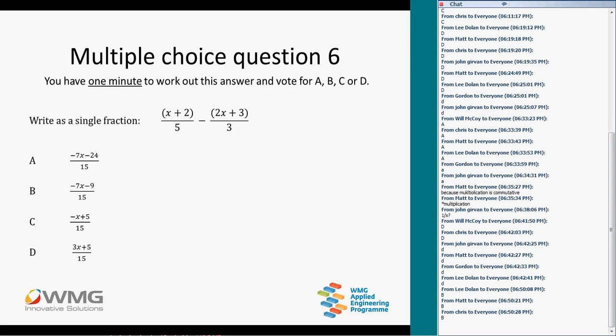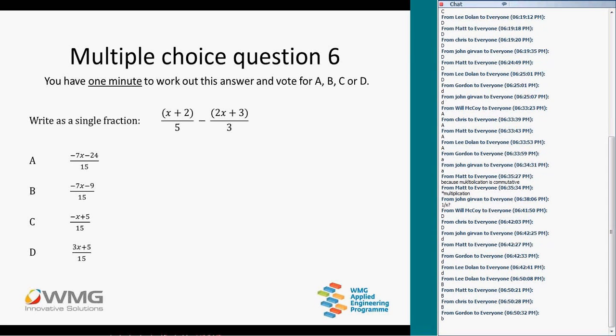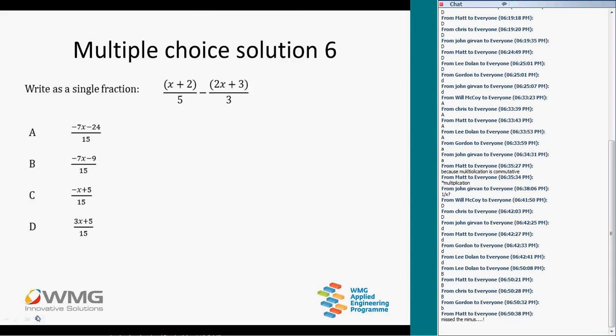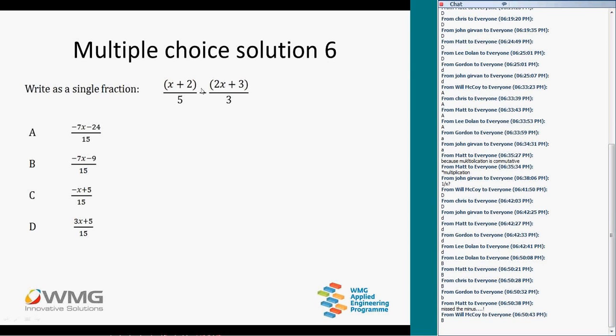Great answers, which is really good because this question involves all of the skills that we've learned earlier. So 5 and 3 would have a common multiple of 15. The first fraction has been multiplied by 3, so the numerator gets multiplied by 3. The second has been multiplied by 5, so the numerator gets multiplied by 5 as well.